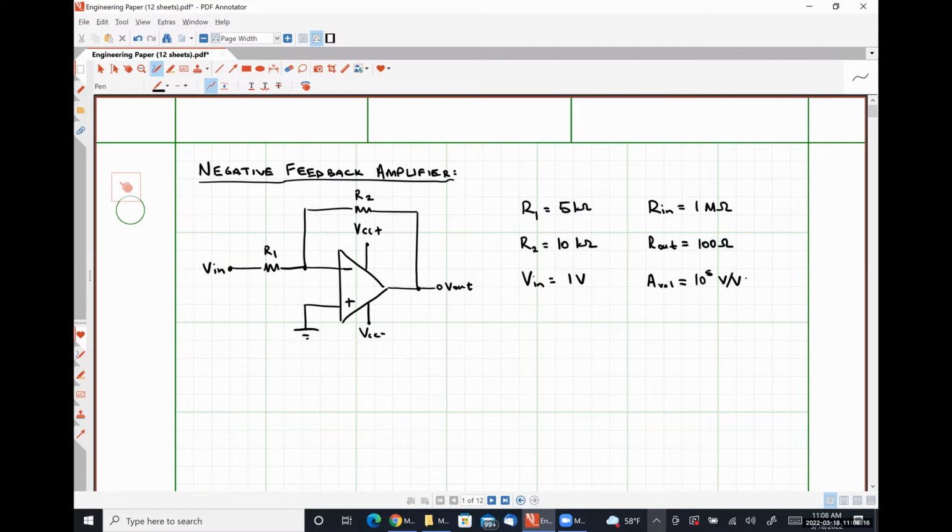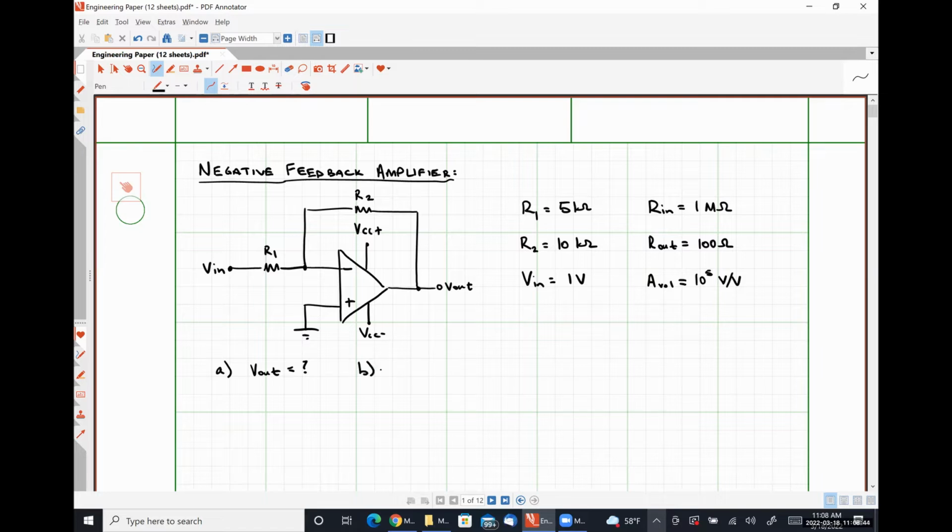Okay. All right, so let's talk about the quantities that we are going to be looking for, and we're looking for several of them. So the first quantity that I am interested in is simply the output voltage for this system. I feel like that's fairly self-explanatory.